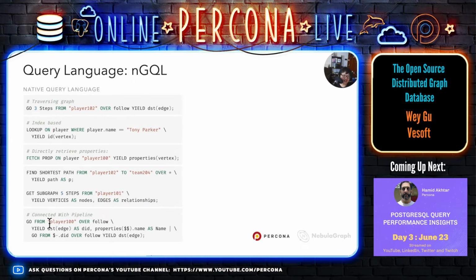And finally, the interesting part of nGQL is that we bring the pipeline as we have in the Unix shell, so that you can put different queries connected with the pipeline.